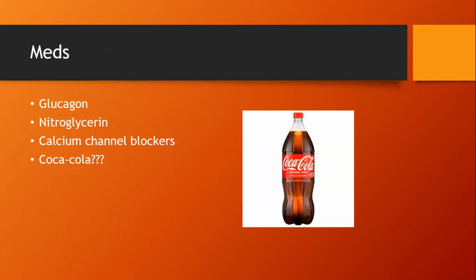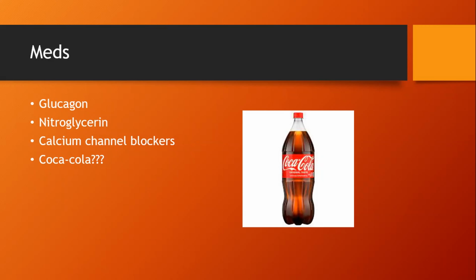Medications that the nurse would be expected to give. Glucagon, it relaxes the esophageal smooth muscle and the lower esophageal sphincter. So it helps promote passage of impacted food or whatever is in there. The nitroglycerin and the calcium channel blockers, they're going to relax the smooth muscle in the throat.